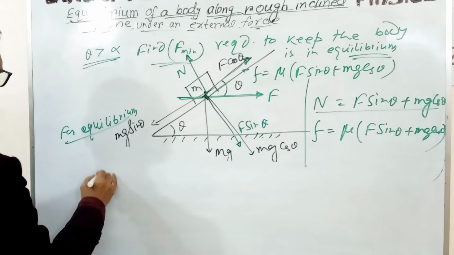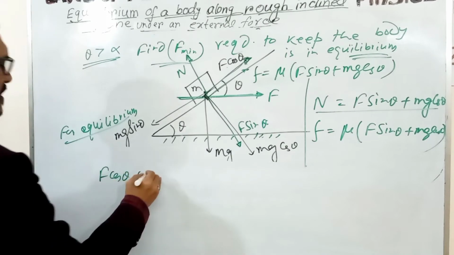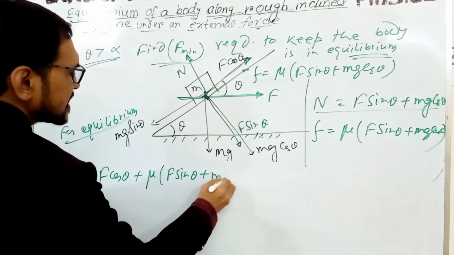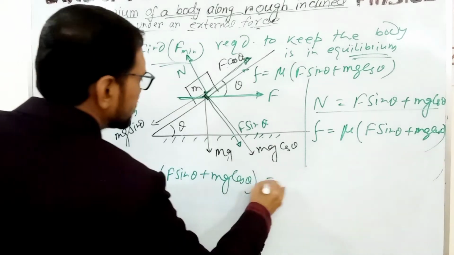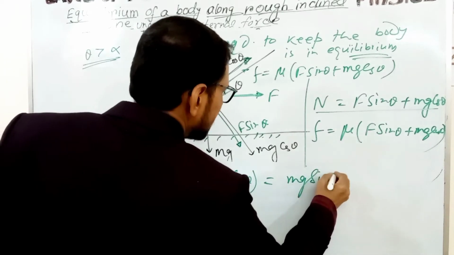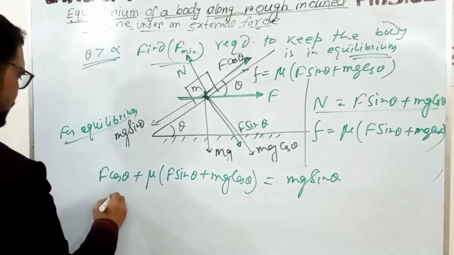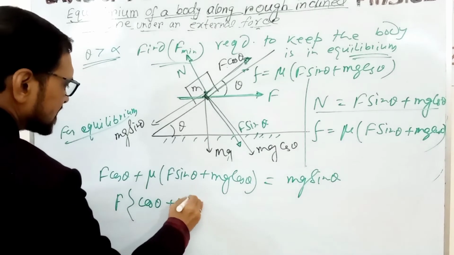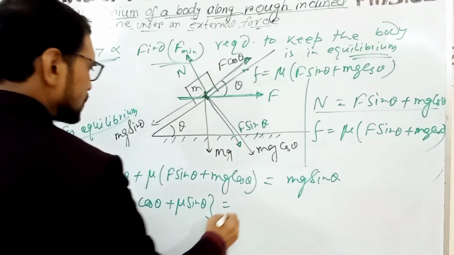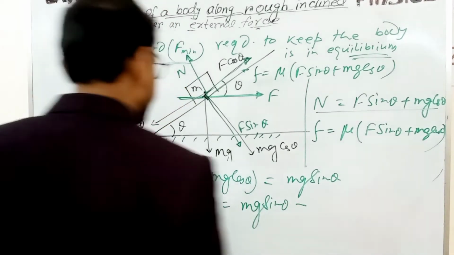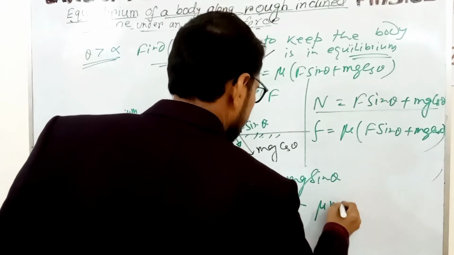So F cos theta plus mu into F sin theta plus mg cos theta balances mg sin theta. So F times cos theta plus mu sin theta equals mg sin theta minus mu mg cos theta.